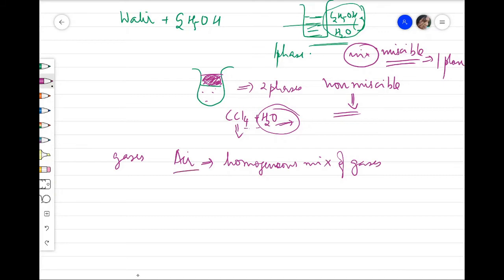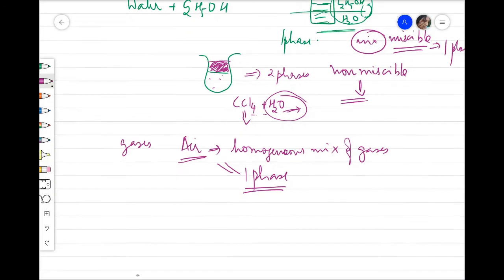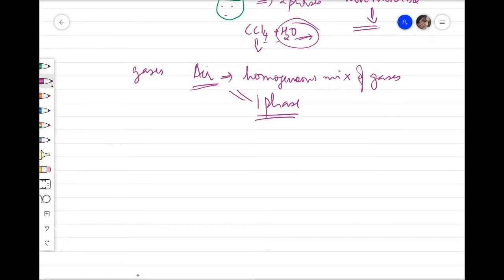So remember, any gas, not only air, however many you take and mix, they will all be only one phase. In the gaseous state, if you mix nitrogen, oxygen, neon, carbon dioxide, argon, helium, anything, we are going to get it as one phase.